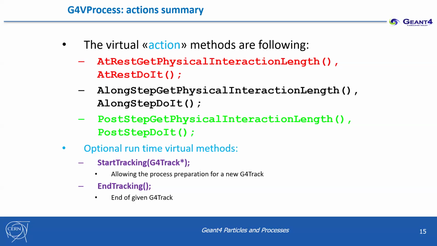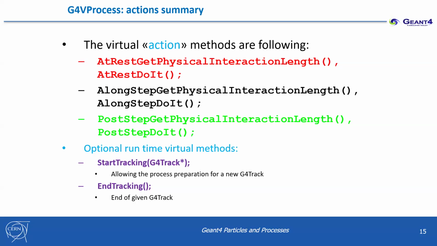And when the step is done, depending on whether it is AtRest, or only AlongStep, or also PostStep, do-it methods are called. So it might be AtRest, AlongStep or PostStep, and secondary particles may be produced in this approach.